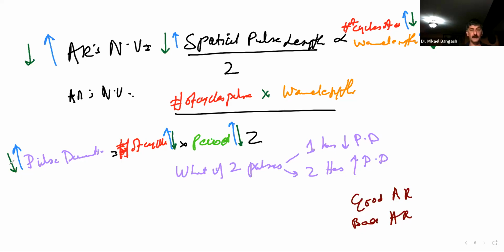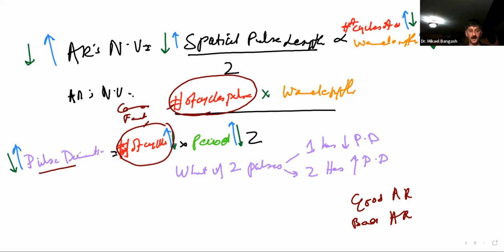Clear? And what did we see here? We already have talked about this. This and this, the number of cycles, is the common factor between the pulse duration and your spatial pulse length, right? The factor that was not common between the two was the wavelength and period.